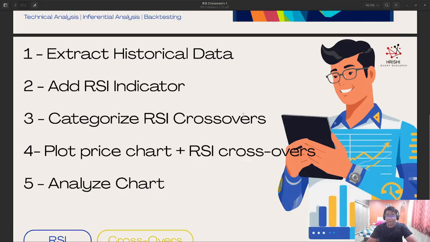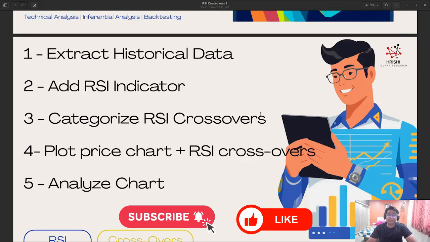If on that particular candle RSI crossed above 10, what do I mean by crossed above 10? It means the last reading of RSI was below 10 and now, at the closing of this candle, the reading is above 10. This is a crossover. If RSI has crossed above a particular number, 10, 20, 30, 40, we will categorize each row in that sense.